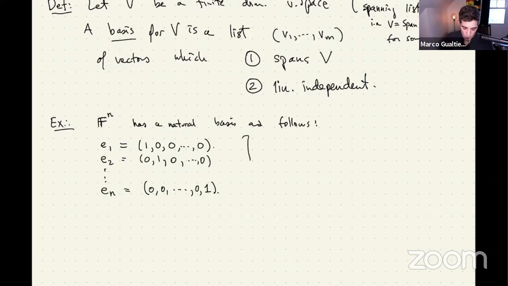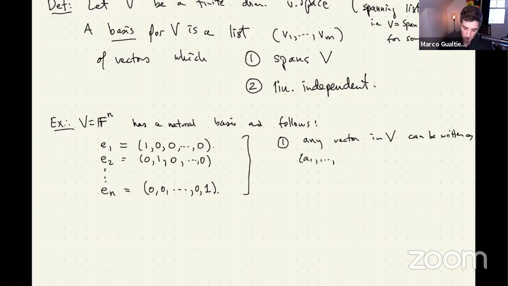So, for example, let's say that we wanted to prove that this is a basis. Well, first of all, we need to show that it spans the entire vector space. And to show that, we just say that any vector in V can be written as a1 up to an, where the ai are in the field.